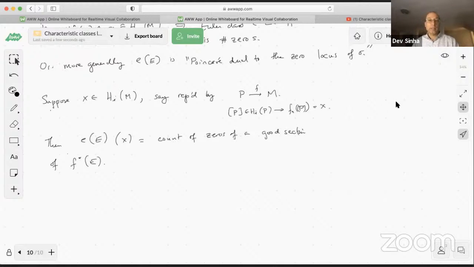These Euler counts are now cohomology classes represented by these Thom spaces, these Thom cochains. We're at Thom spaces next.